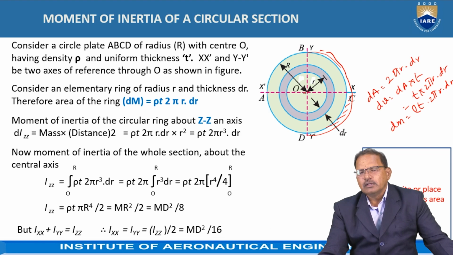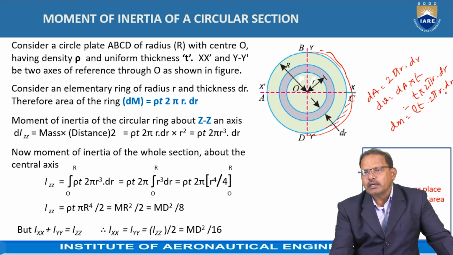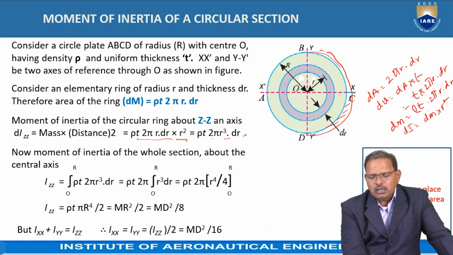According to the formula, it is mass multiplied by the square of the distance. Here the mass is rho t into 2 pi r dr, so dI is equal to dm into r square, that is rho t 2 pi r cube dr.